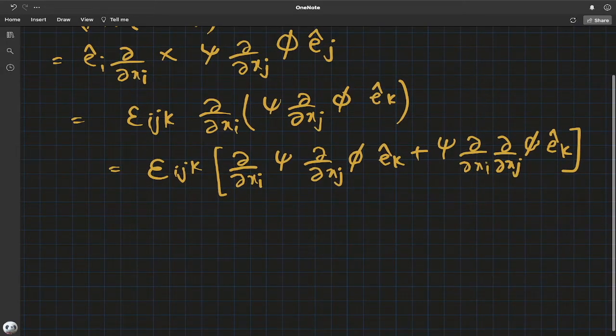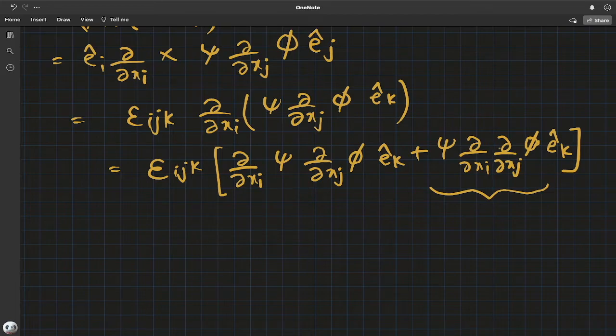Okay, now notice that this term here is just 0. Why is that? Because we have an epsilon ijk acting on it. So whenever i is equal to j, it's going to become 0 because of the epsilon. Remember that when any two indices of the Levi-Civita are the same, it's just 0.